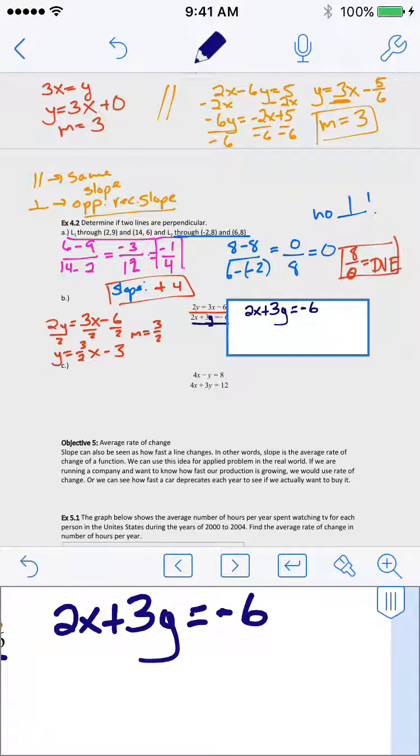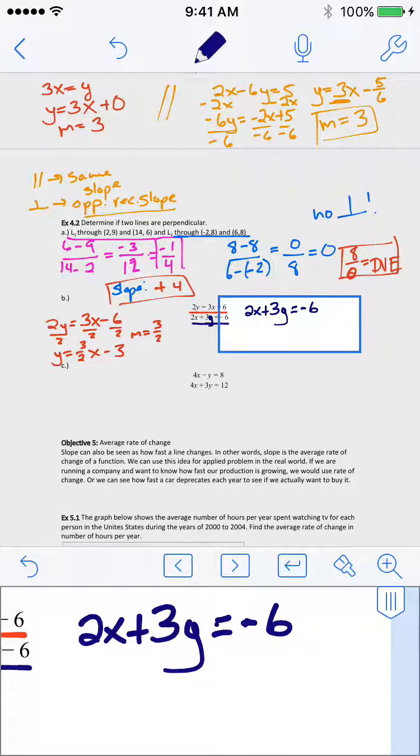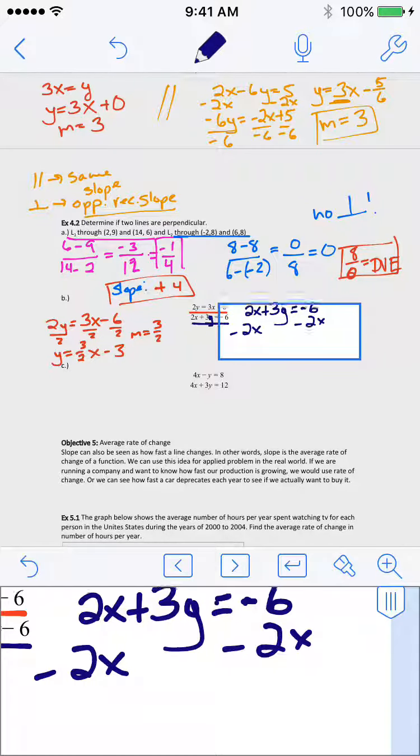Again, this one is not in y equals mx plus b. What form is it in currently? Standard. Very nice. It is in standard form. So right now we have to switch it. We'll start with as far away from the variable as we can. We'll subtract 2x from both sides.